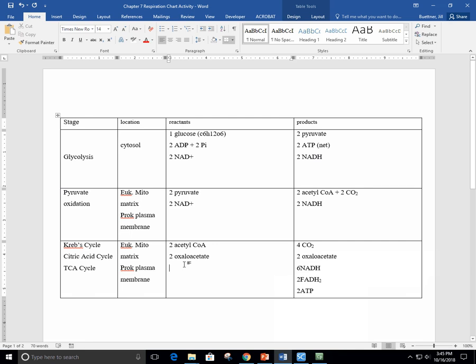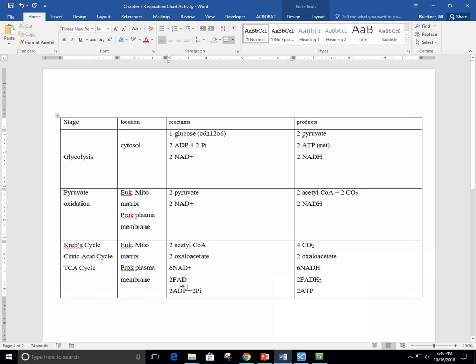So if there were 6 NADHs, then you must have started with 6 NAD pluses. So I'll just make this balance. And if there were 2 FADH2s, there must have been 2 FADs to start with. And if there were 2 ATPs, then there must have been 2 ADPs plus 2 inorganic phosphate.